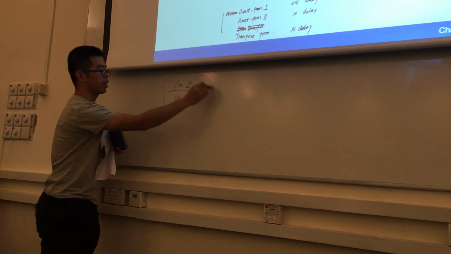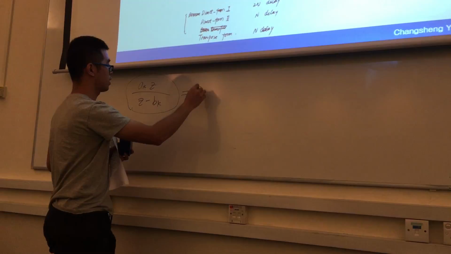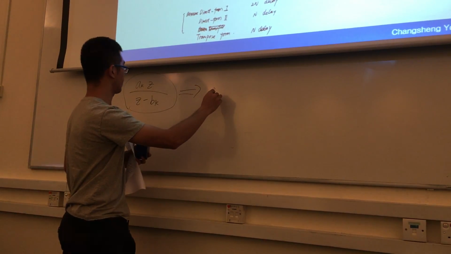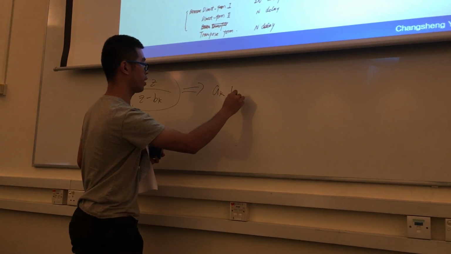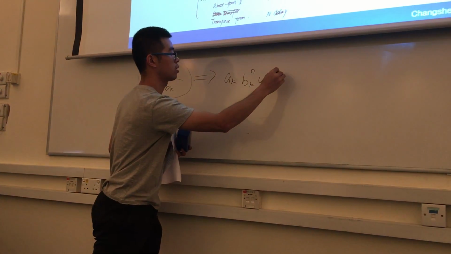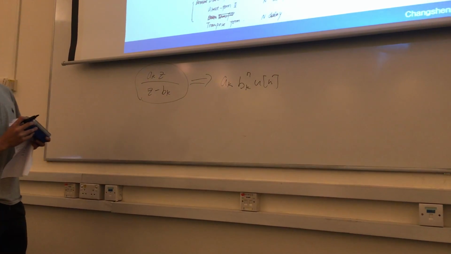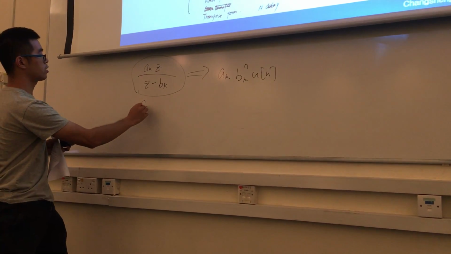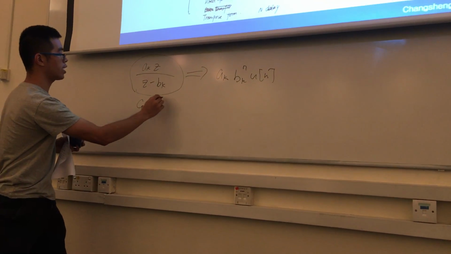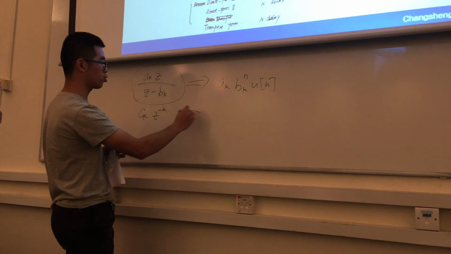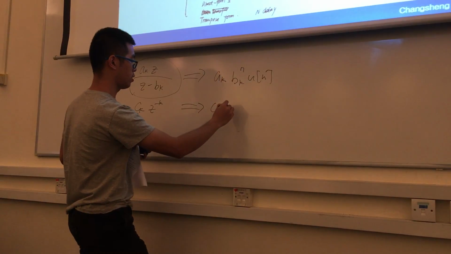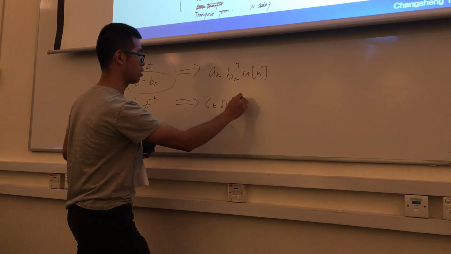This one corresponds to the original signal ak bk^n un. And the other one is the component of ck z^-k. This one corresponds to ck delta n minus k.